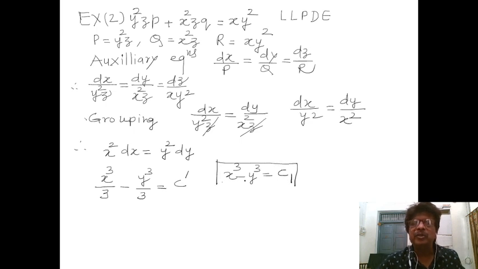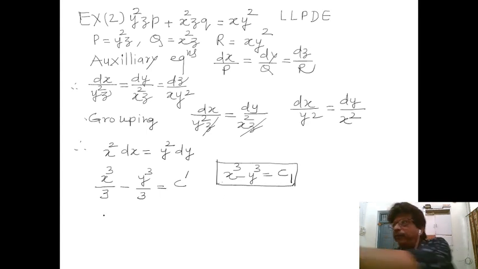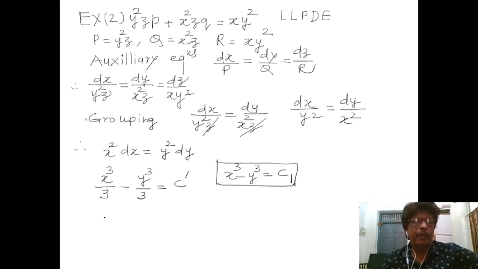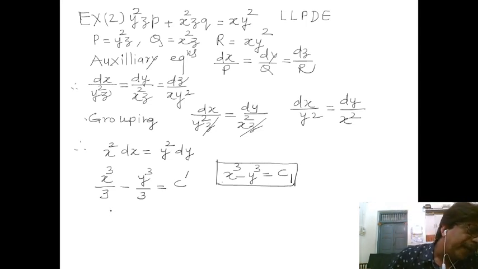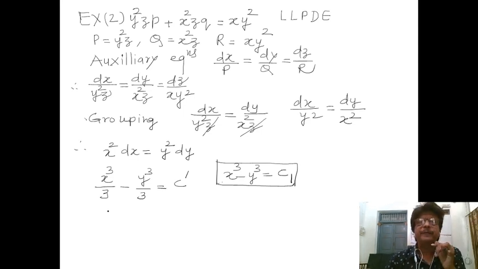So this is the first pair of equations, the solution of the first grouping. After grouping dx upon y square z equal to dy upon x square z, we have found this solution f of x y z equal to 0. z is absent over here.